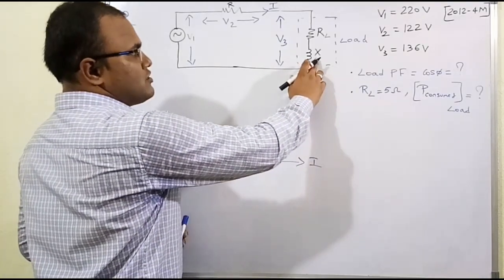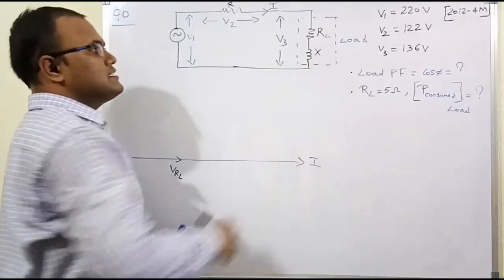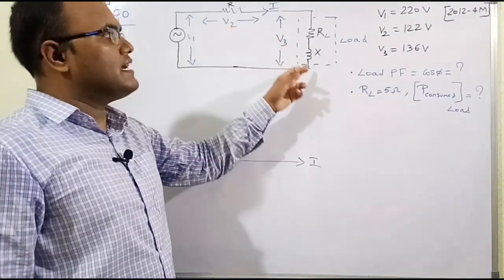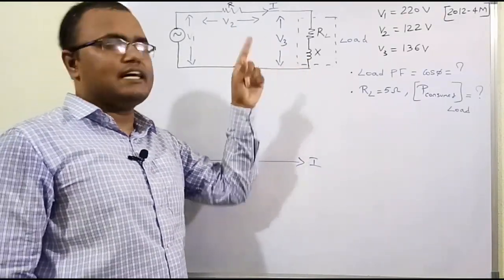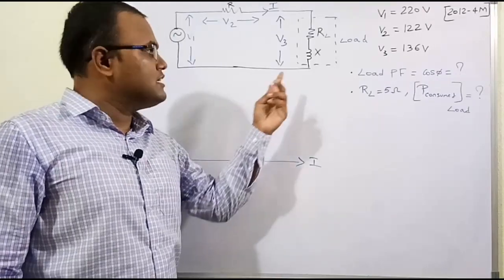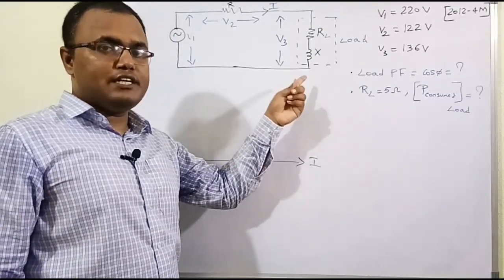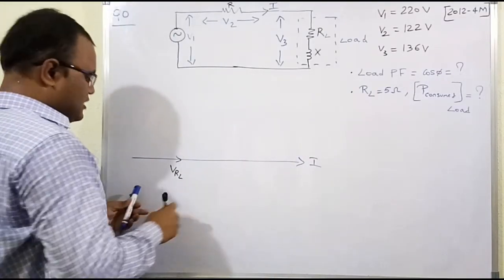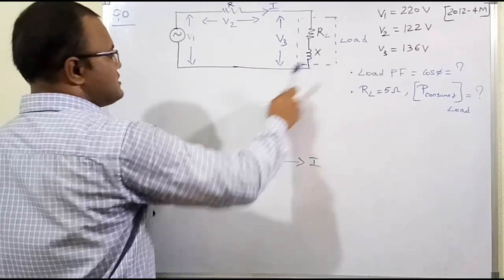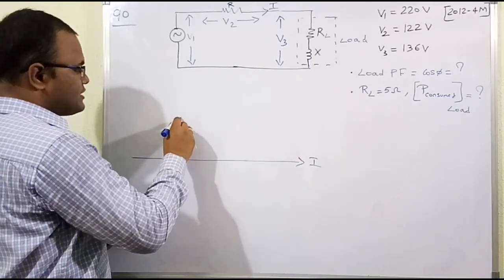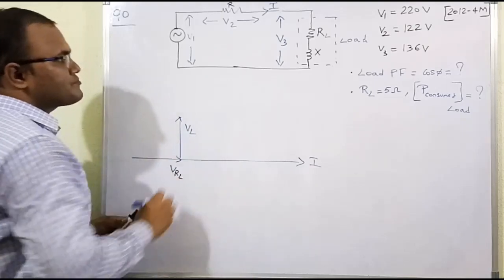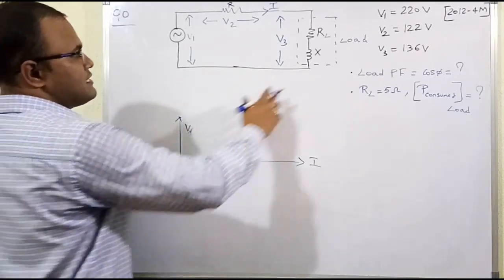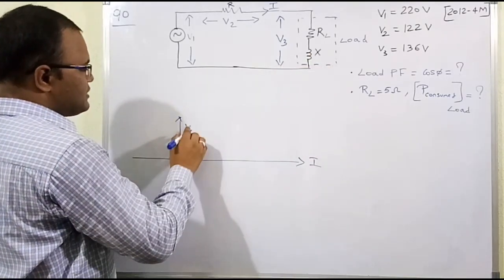Then the voltage across the inductor X and the current in the inductor: always in an inductor the current lags the voltage. So therefore the current has to lag the voltage. I will assume the voltage across the inductor X as Vx.